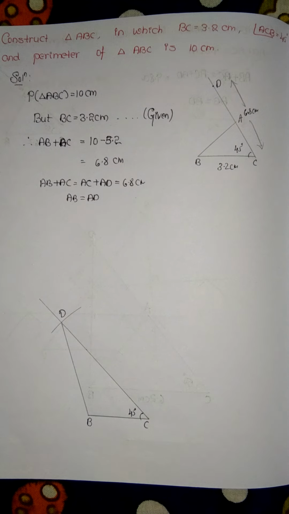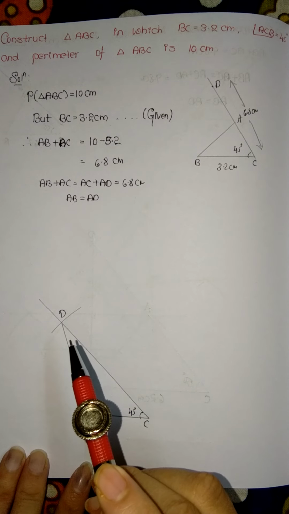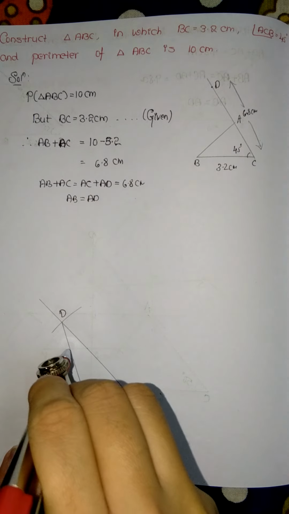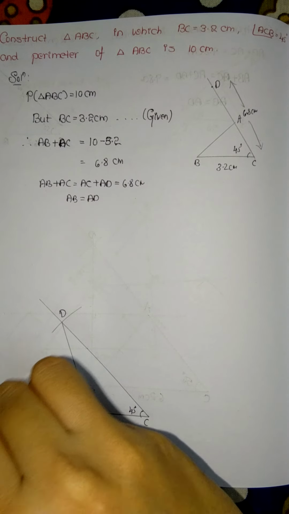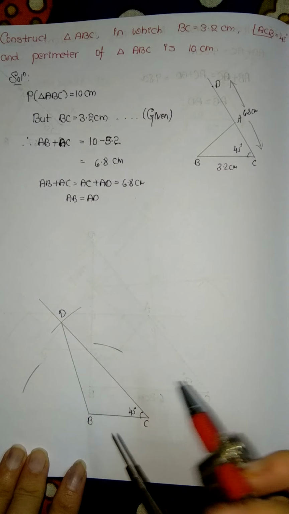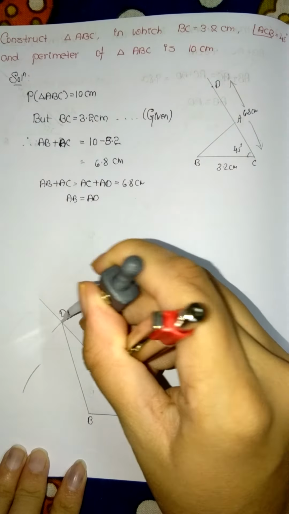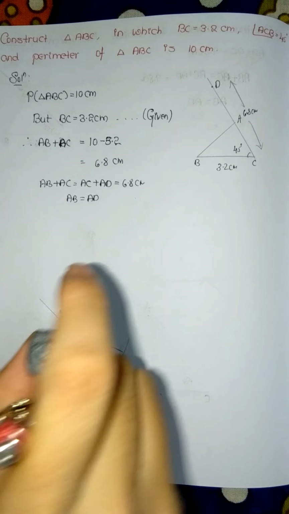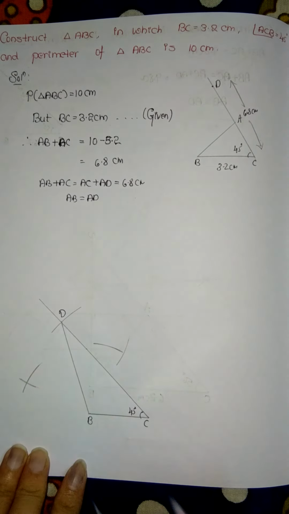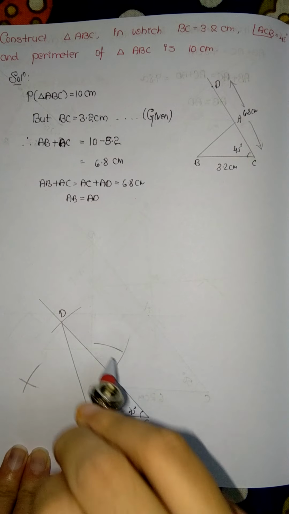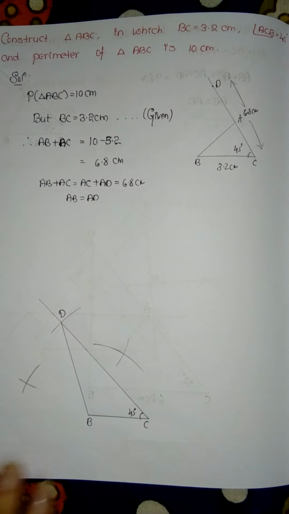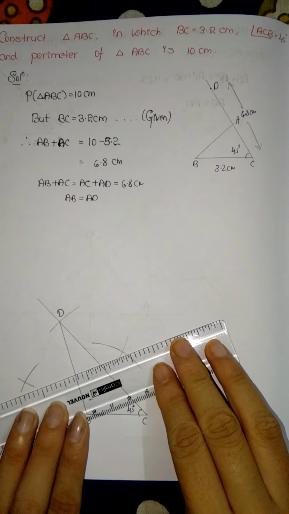Now take the perpendicular bisector for this and join this.